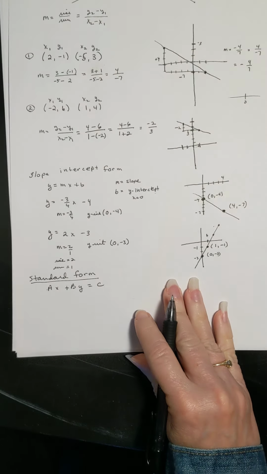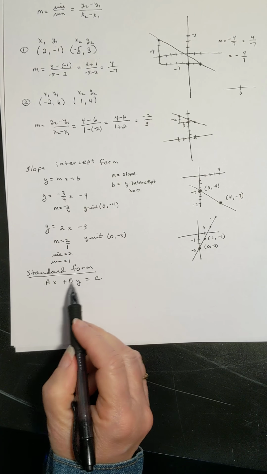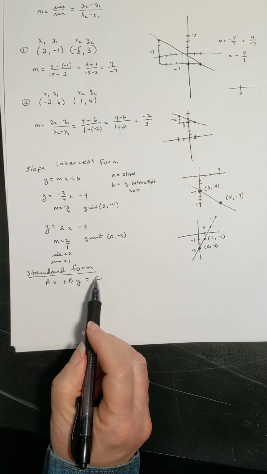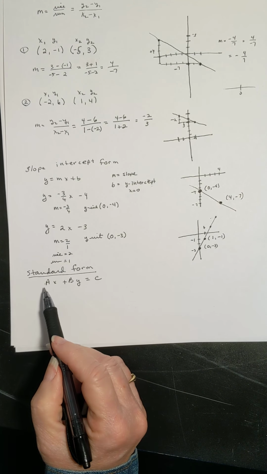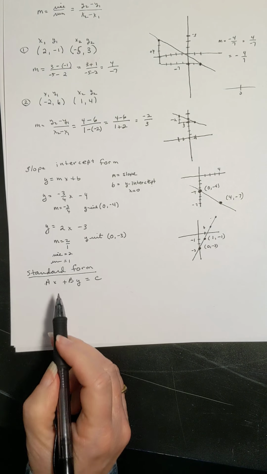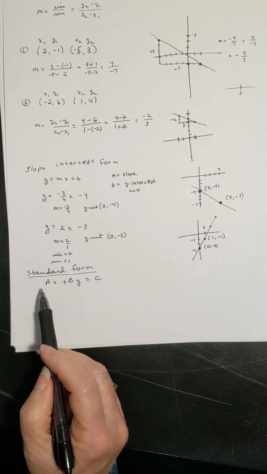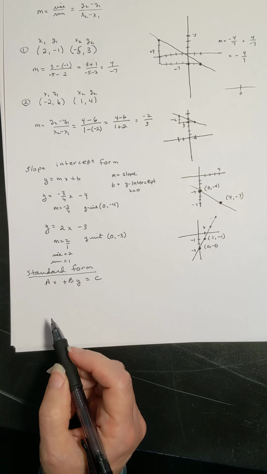Now when you're working on something in standard form, it is not a very useful form of the equation of a line. Notice that the x is to the first power and the y is to the first power, so you know it is a line. Anytime you have x and y both to the first power, it's going to be a line.